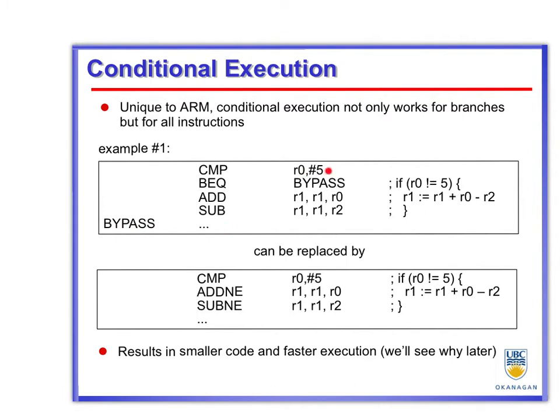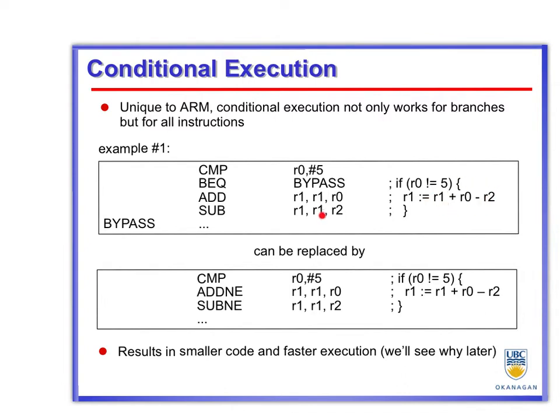So if R0 has a 5 in it, this branch if equal is going to say, yes, they were equal, I'm going to branch, I'm going to skip these two instructions, go to bypass and do whatever's there, okay? Obviously, if R0 does not equal 5, this branch does not execute because they weren't equal, and then it's going to add R0 to R1, put it in R1, and subtract R2 from that.